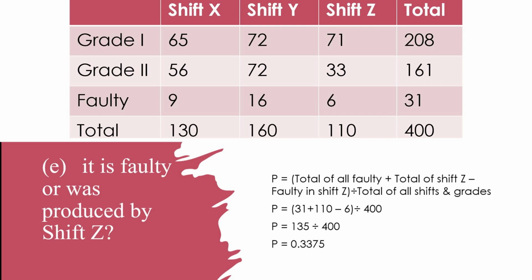Once we divide 135 by 400, that is the total number of units in all shifts and grades, we arrive at a figure of 0.3375. So it means there is a 33.75% probability or chance that if an item is picked randomly from the day's production, it will be faulty or produced by shift Z.